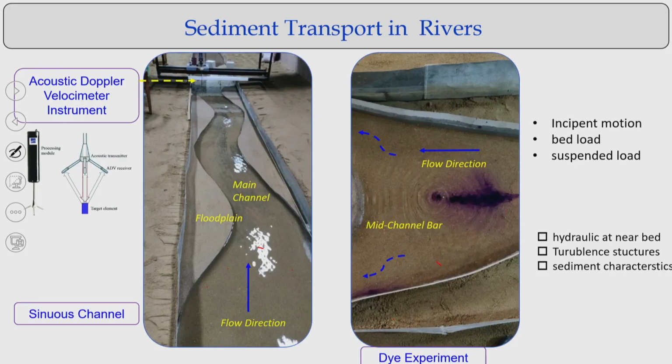You can see these river channels in the laboratory, which are scaled-down models. If you increase the discharge in a channel like this, which represents a scale model of a river, with the bed materials the same, you would expect the bed shear stress to increase.